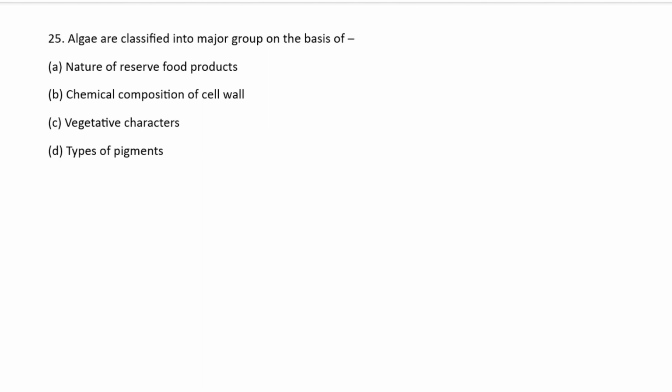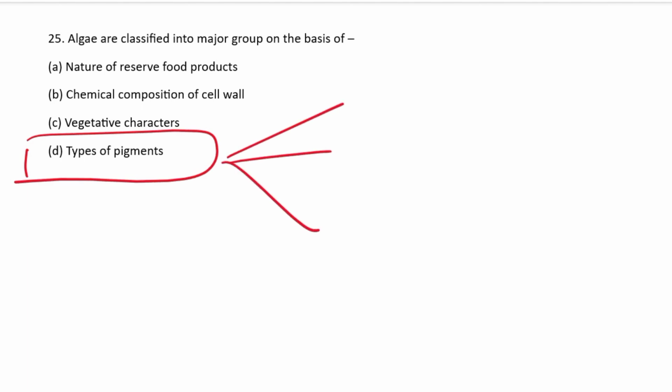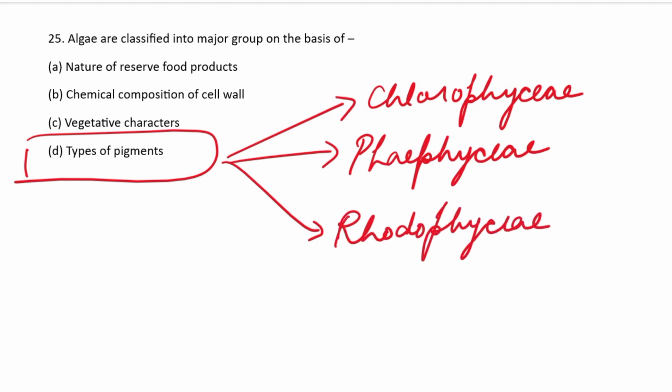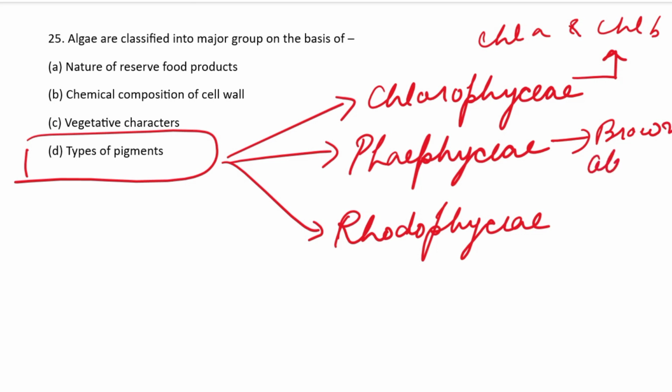So the most common basis for the classification of algae is the types of pigment, and there are basically three divisions, that is chlorophyceae, phaeophyceae, and rhodophyceae. So chlorophyceae has green pigment and they are green algae having chlorophyll A and chlorophyll B. Then phaeophyceae are the brown algae.